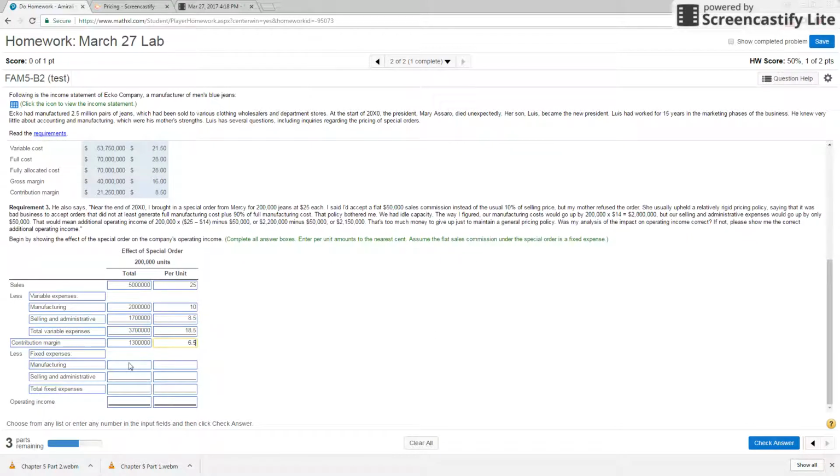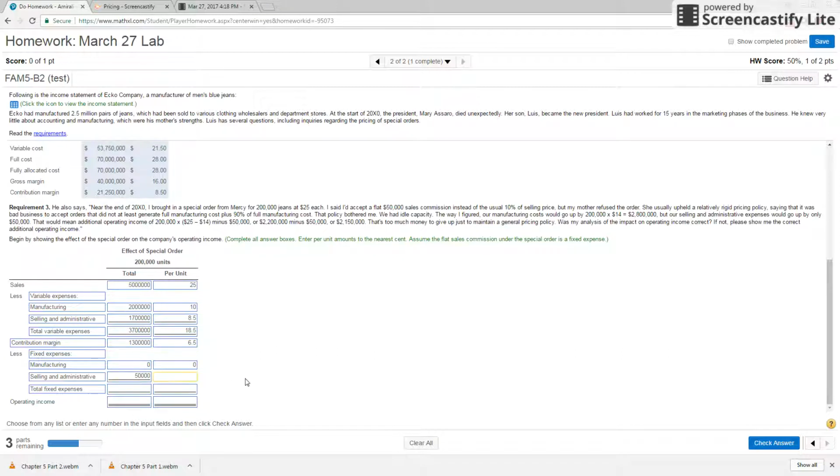Does it change anything on our manufacturing? No, because our capacity can handle the whole order, so we don't have a capacity problem. Does it change the fixed selling and administrative cost? Yes, because the commission that he's getting is a fixed cost regardless of the number of jeans they are ordering.